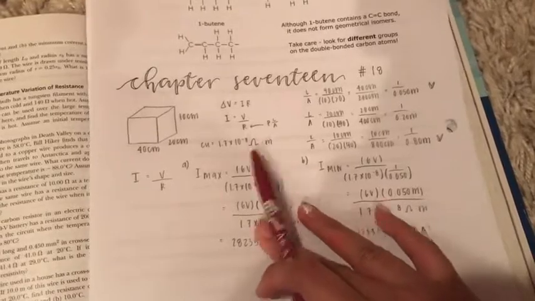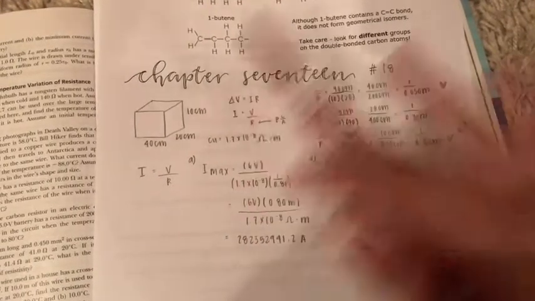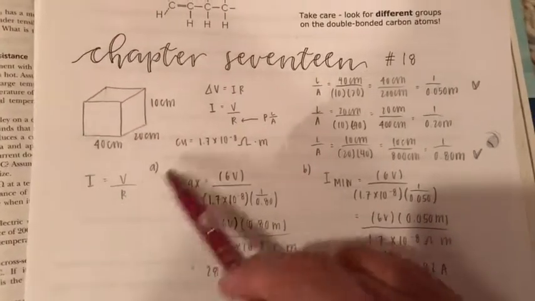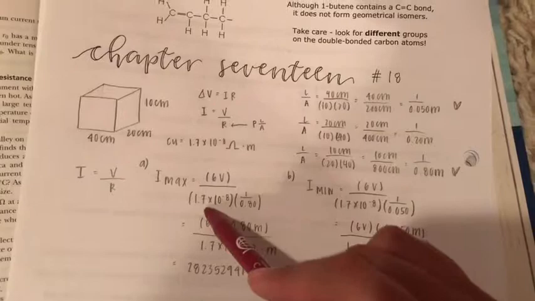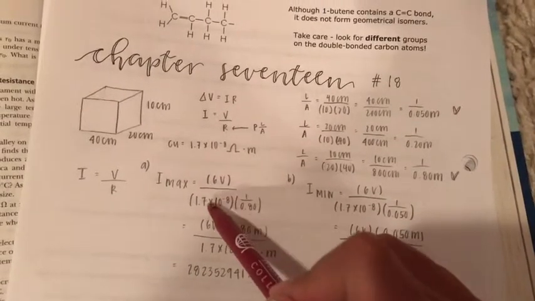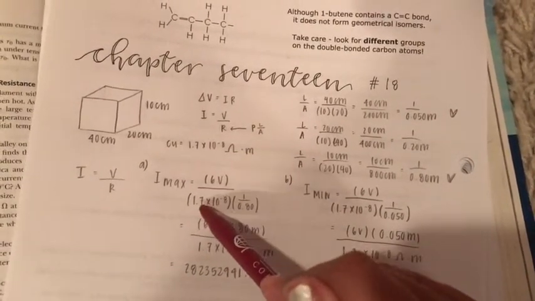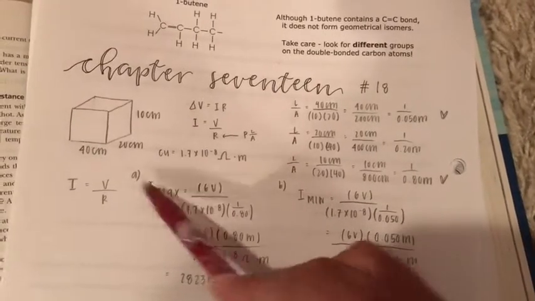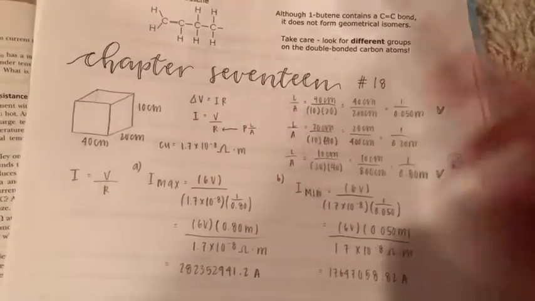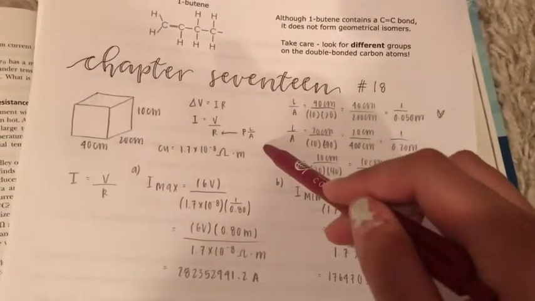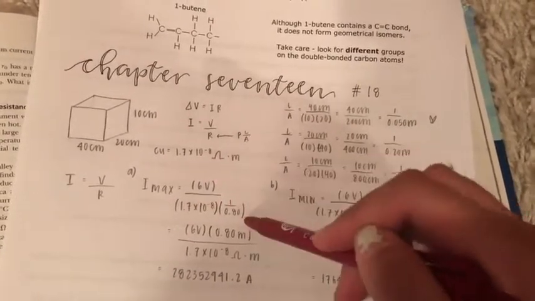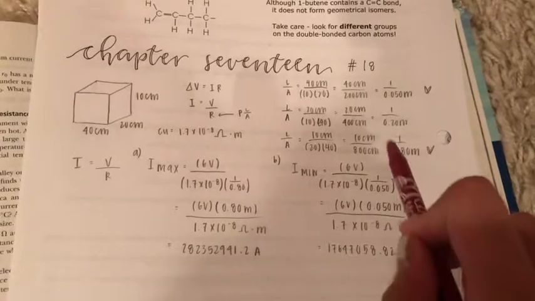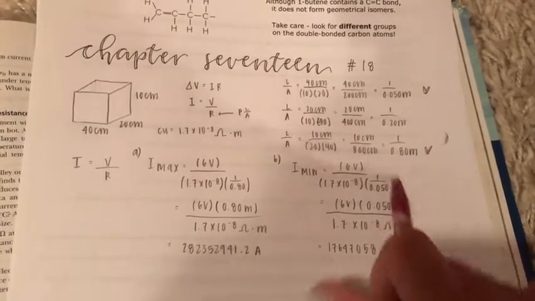So in order to find the maximum value, we plug everything in together. We found earlier that I equals V over R. So for the maximum value, we plug in the 6 volts for our voltage, our copper resistivity, which is 1.7 times 10 to the negative 8th, and then our L over A, which we found was 1 over 0.80 meters.